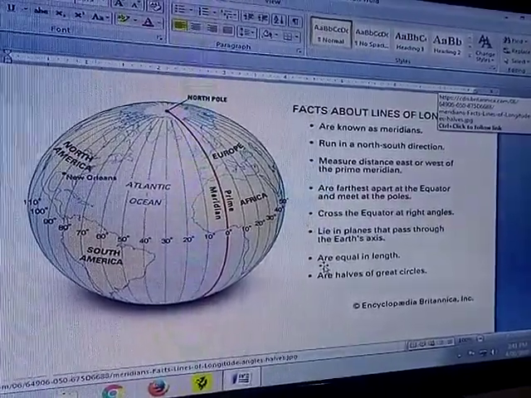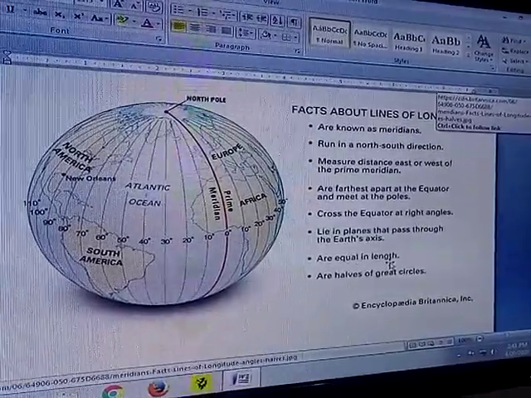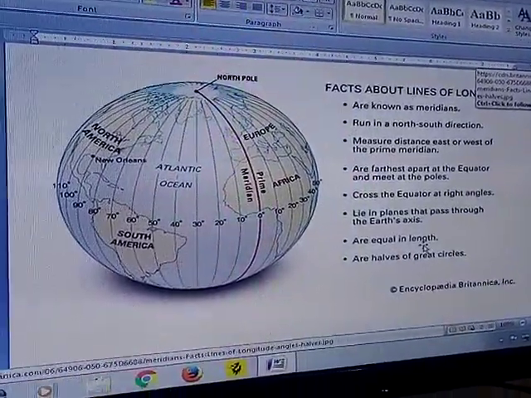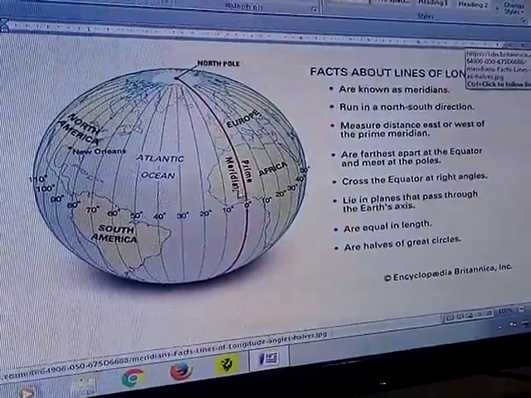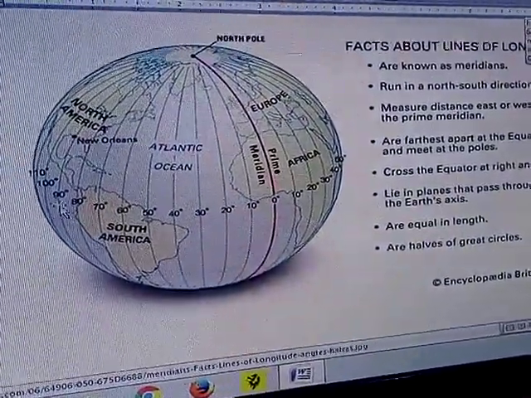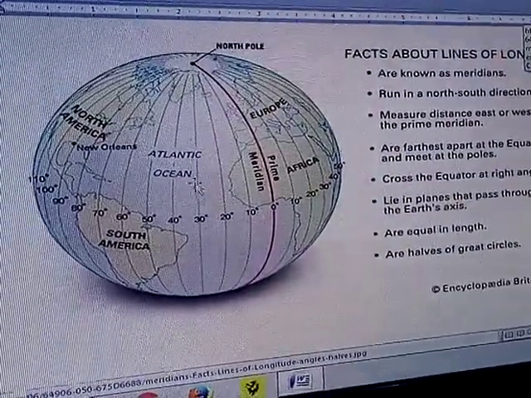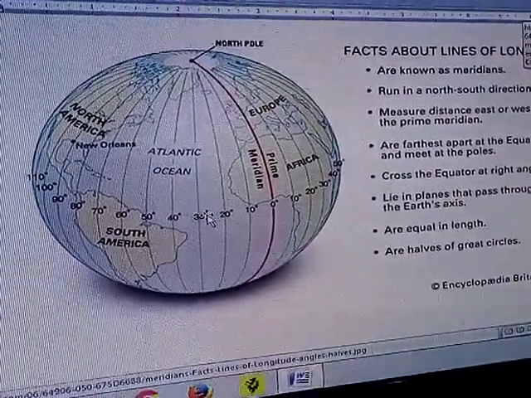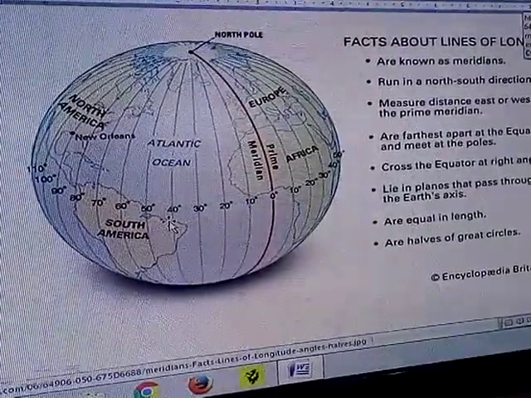Unlike the latitudes, longitudes are all equal in length. Remember, we told that the latitude at the equator is the maximum, and as they go towards north and south, their diameter, their size, becomes less and less.